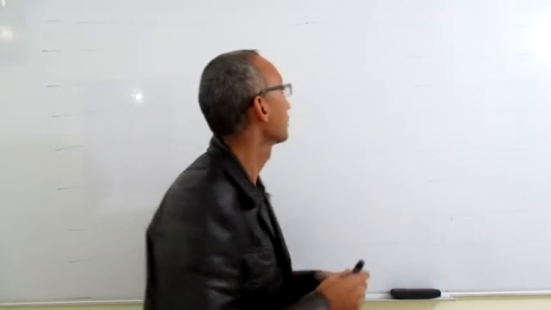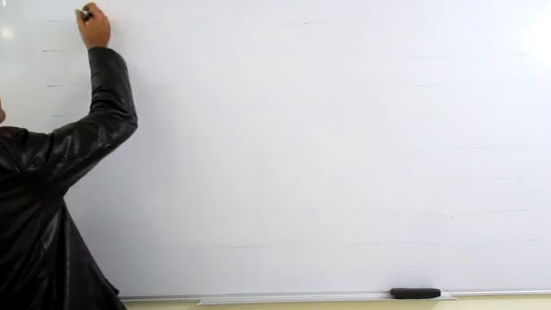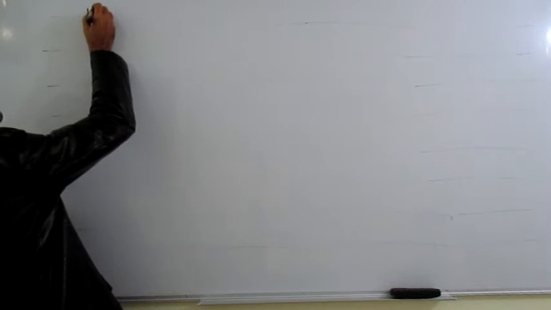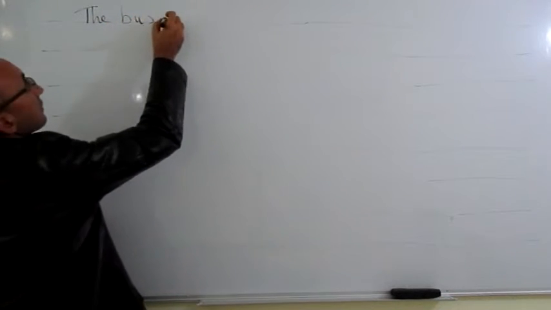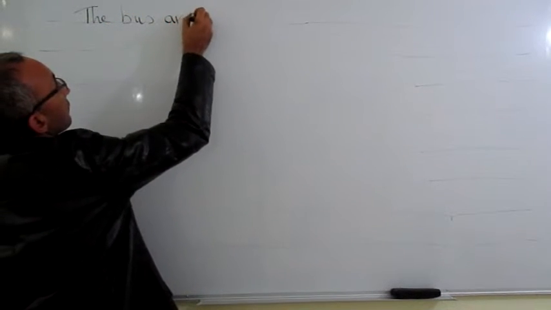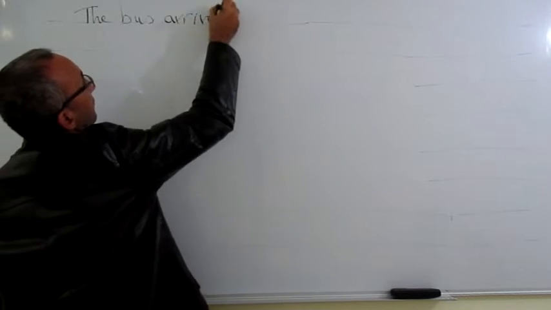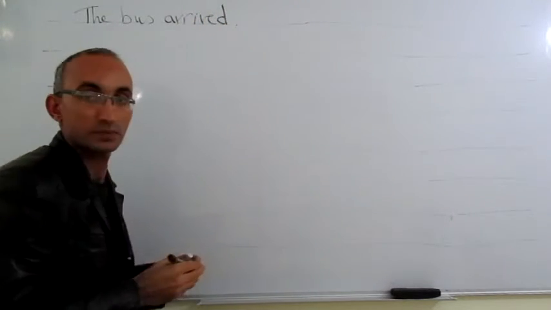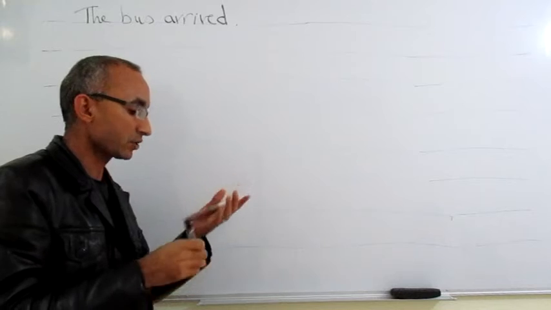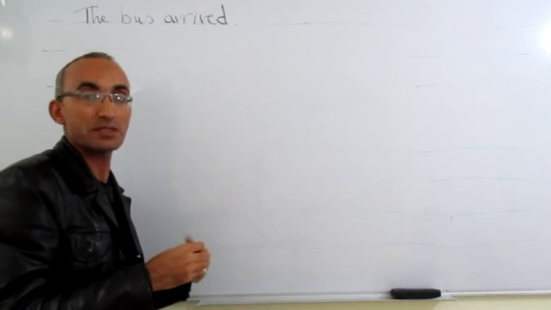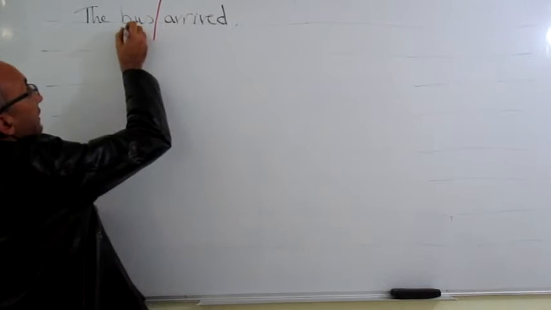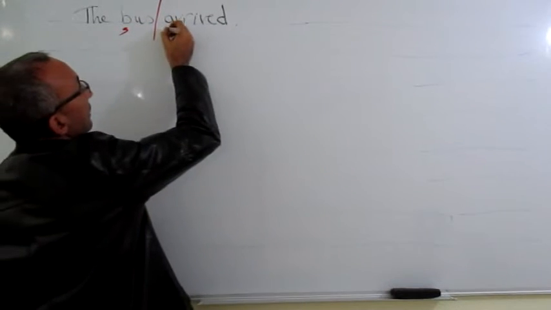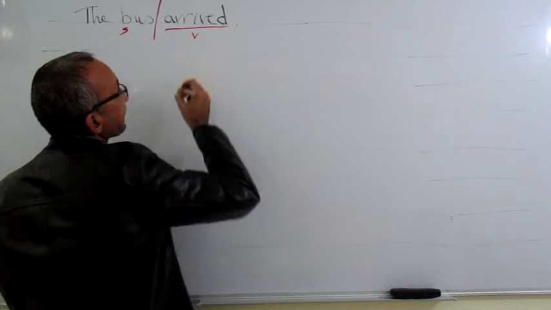Okay, let's take our first example. For example, we write: the bus arrived. Full stop. Now here I need to identify the elements of this sentence. I have the bus as my subject and arrived as my verb.